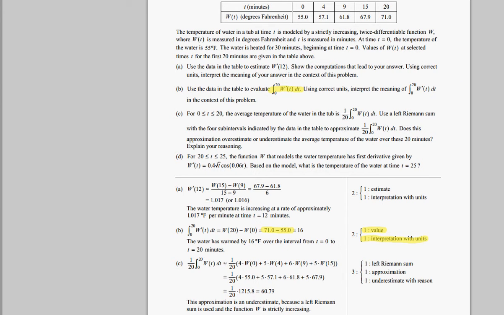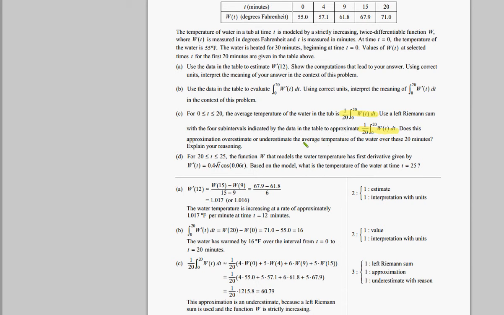Okay, and part C is saying here that for 0 to 20 minutes, the average temperature of the water is modeled by this integral right here. Remember, 1 over 20 in the front means average. You want to use LRAM over 4 subintervals indicated by the data in the table to approximate this value.